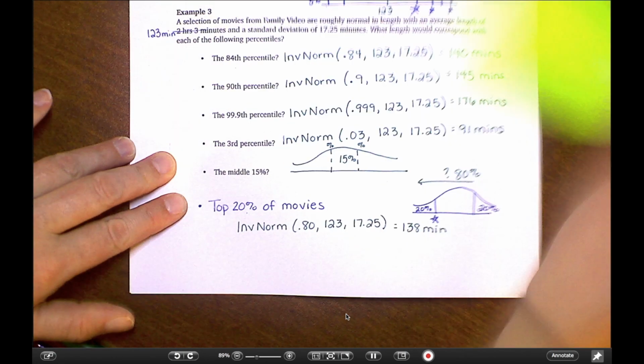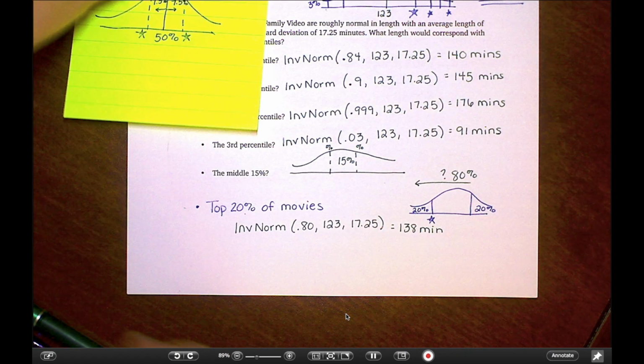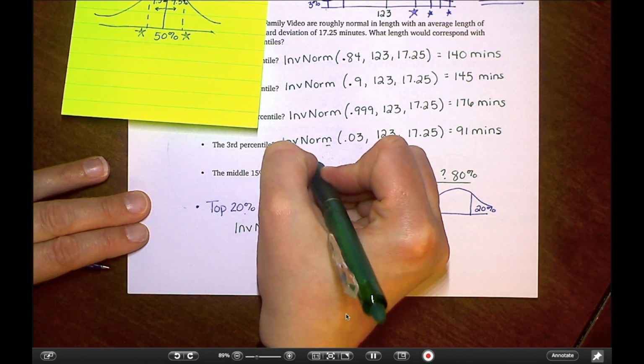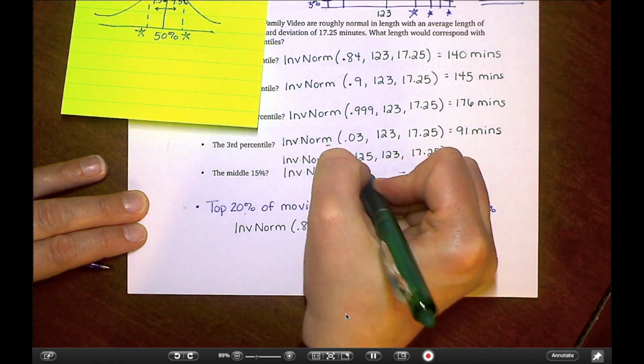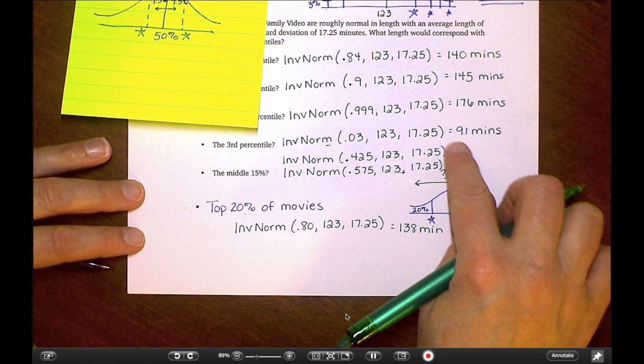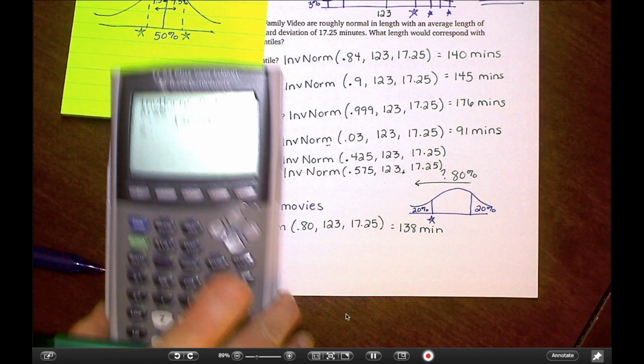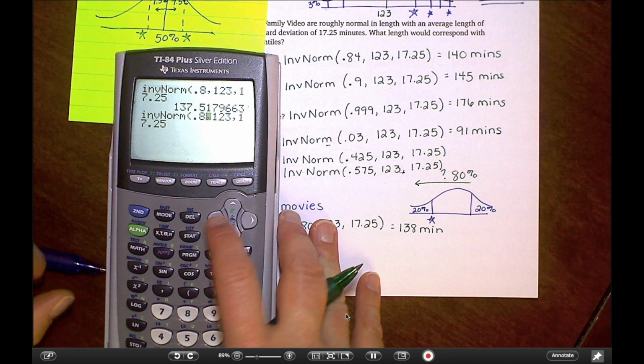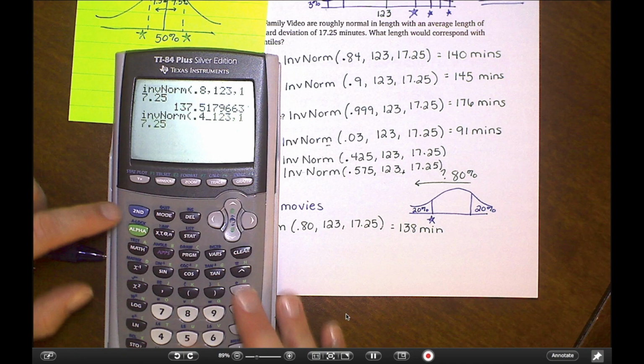So to answer this question, I actually have to do a double inverse norm. I have to do the process twice, and my answer will be between these two values. So let's see, inverse norm 0.425.